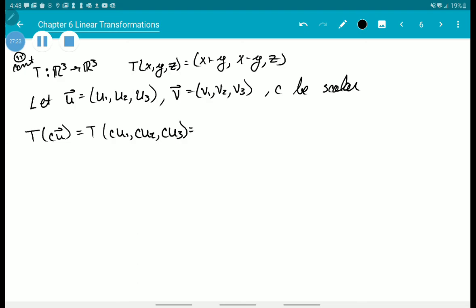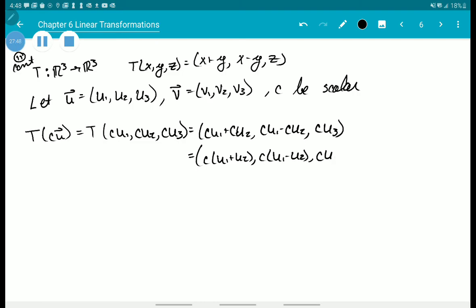Under this transformation, we would have CU1 plus CU2, first component plus second component, CU1 minus CU2, and then third component, which is CU3. So we could view it this way, and then we could pull that C out.